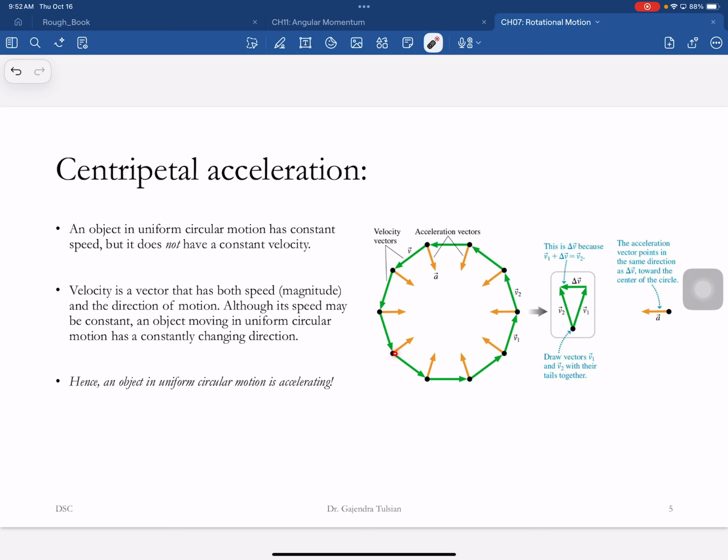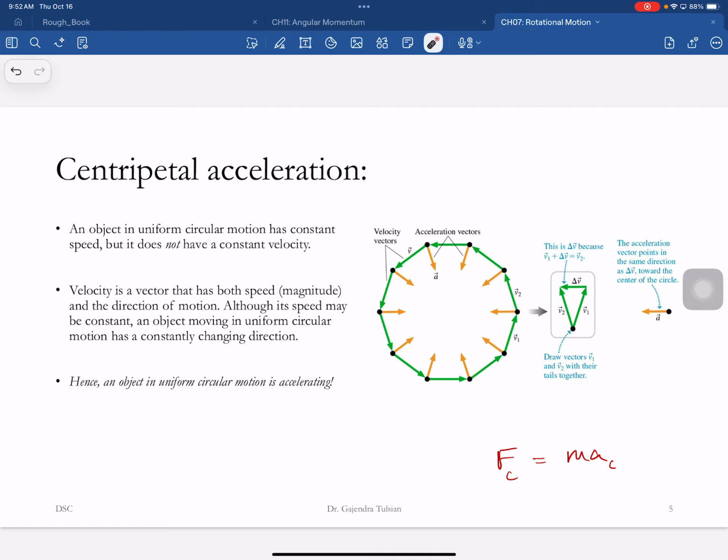And anytime you have an acceleration, Mr. Newton tells us there needs to be a force acting on you. So if it's a centripetal acceleration, we naturally call it a centripetal force. Anytime anything is going in a circle, there must be a force acting on it.